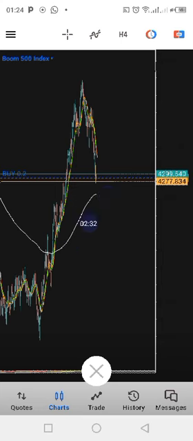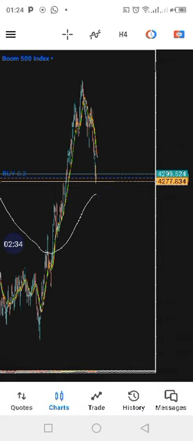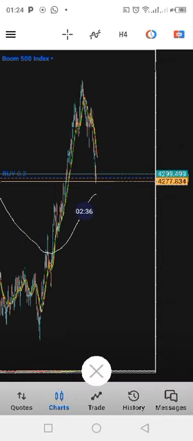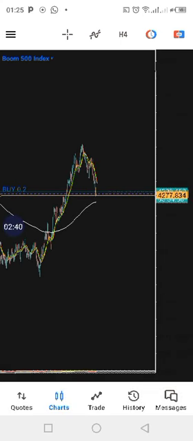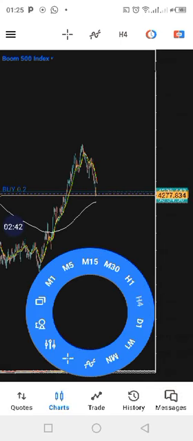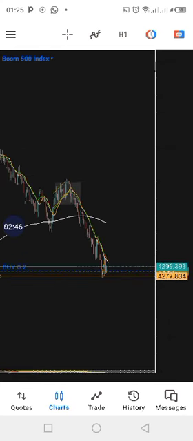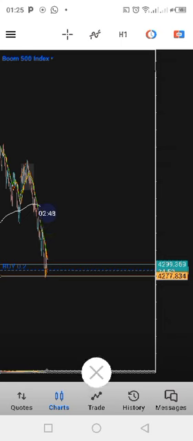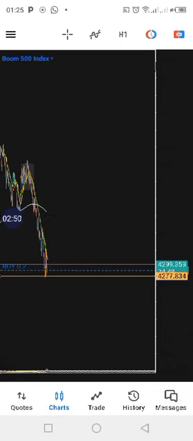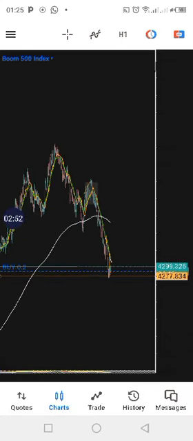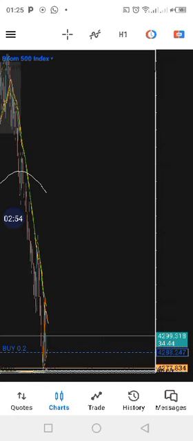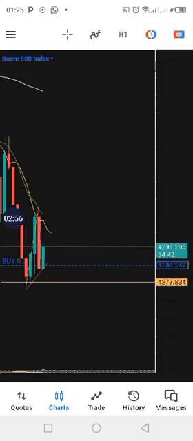But this is a 4-hour time frame, so you don't conclude from here. Knowing that this is an uptrend, I had to go to the 1-hour time frame to see clearly. And notice it's already on a downtrend. I had to expand the market so that I could see where the price is.